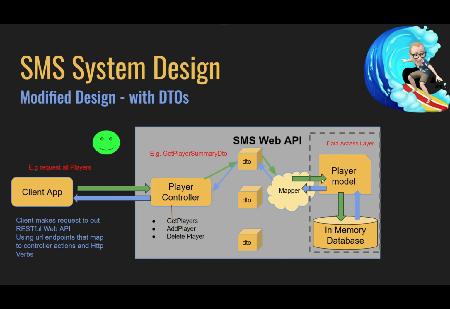Again, some mapping would take place here to convert that DTO to a player object, so it's in a suitable state to then push into the database. So what we've done here is introduce a little bit more of a tiered approach. The outside world now doesn't need to know anything about our data access tier in terms of how it models the data.